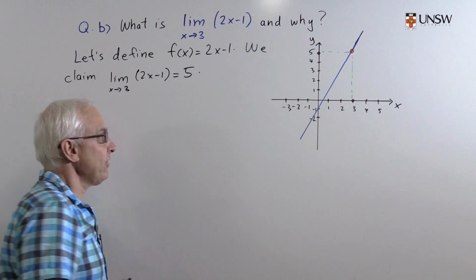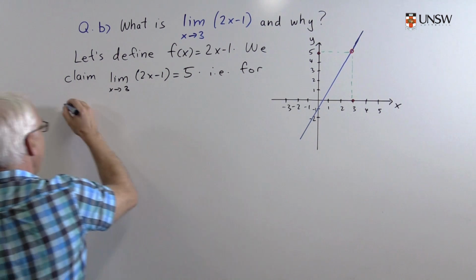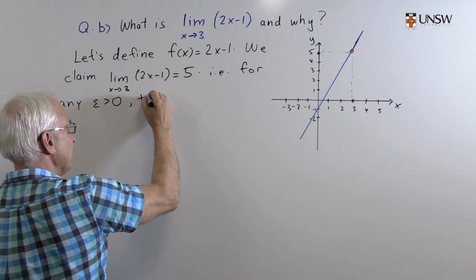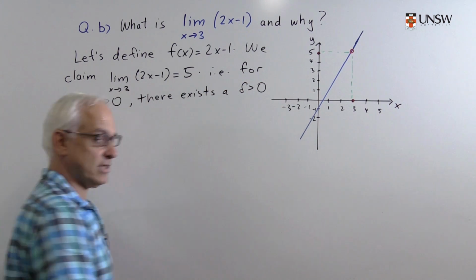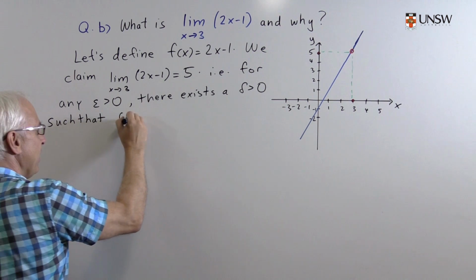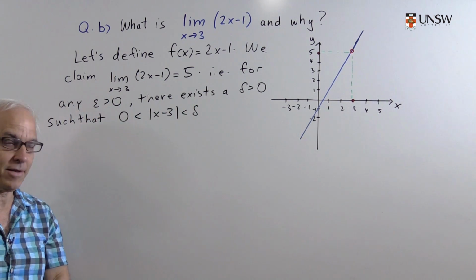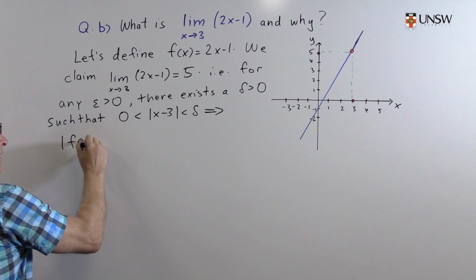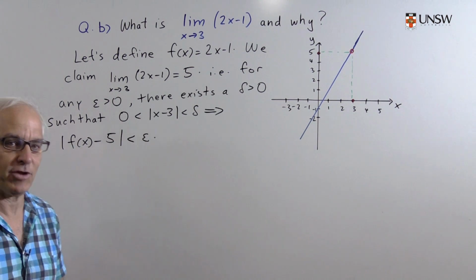Okay, so what that means is that for any epsilon, i.e. for any epsilon greater than 0, there exists a delta greater than 0 such that if x is within delta of 3, then the function differs from its limit by something less than epsilon.